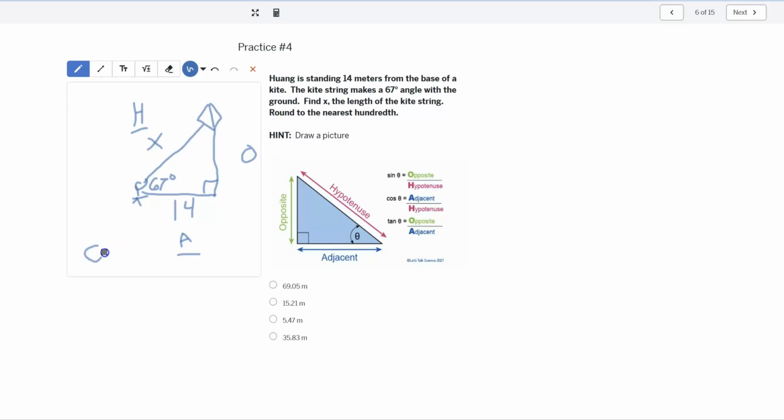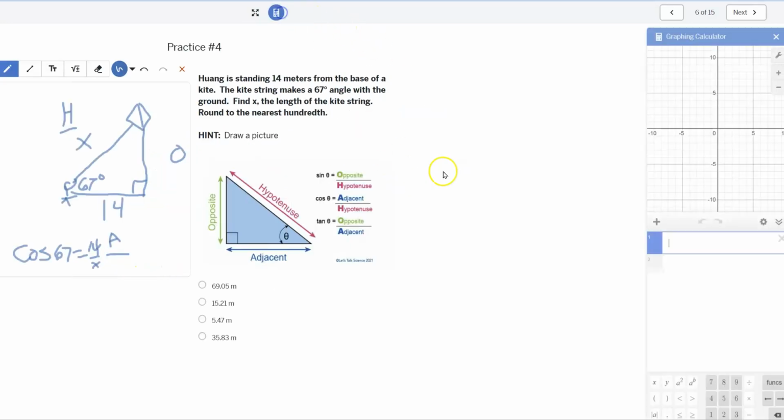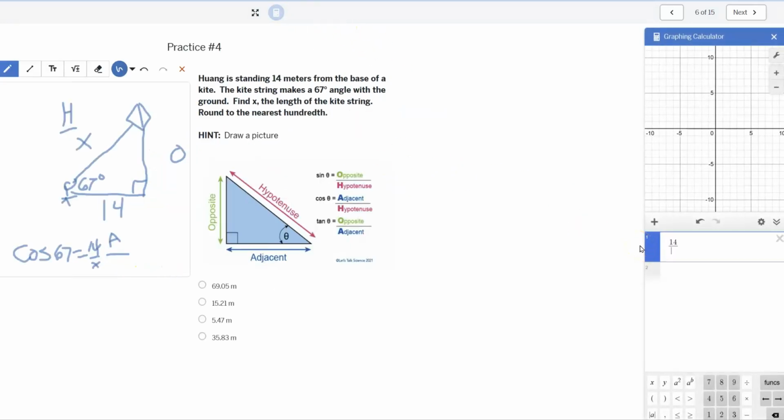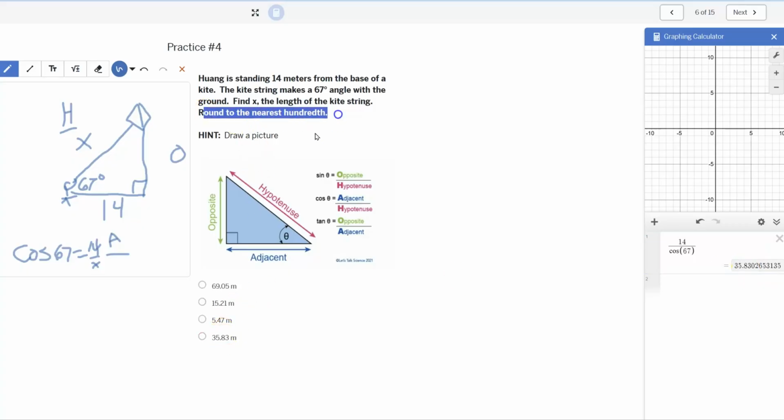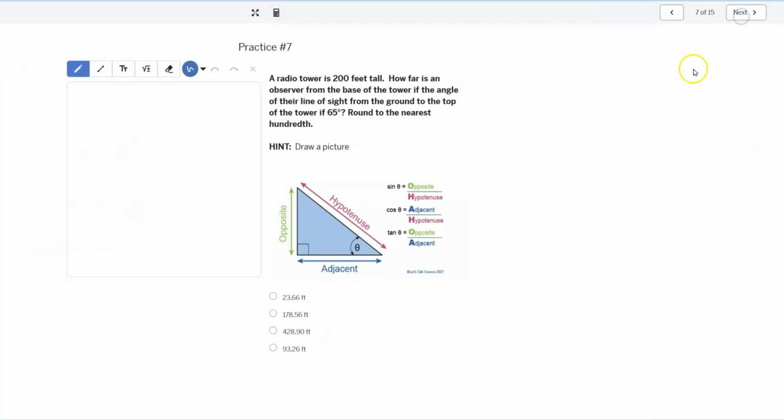So the cosine of 67 is equal to the adjacent, which is 14 over x. So again, x is low, divide and go. We're going to put in 14 divided by the cosine of 67. And we get 35.83, which, since we are rounding to the nearest hundredth, we see in our answer choices. Boom. We got it.